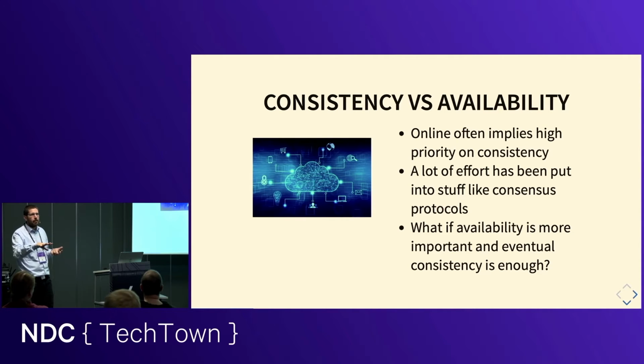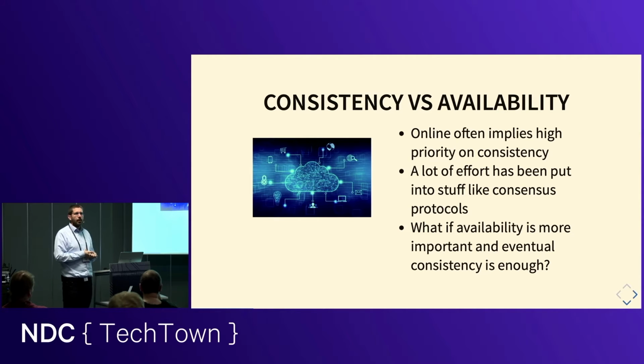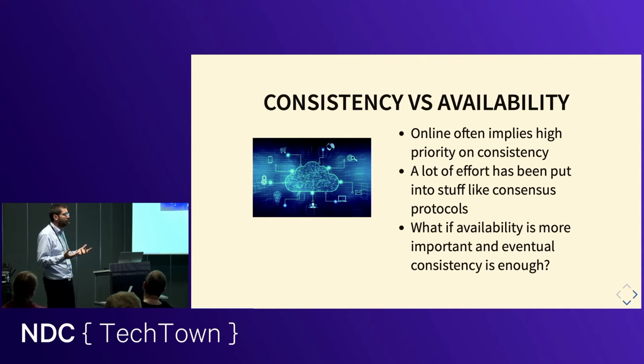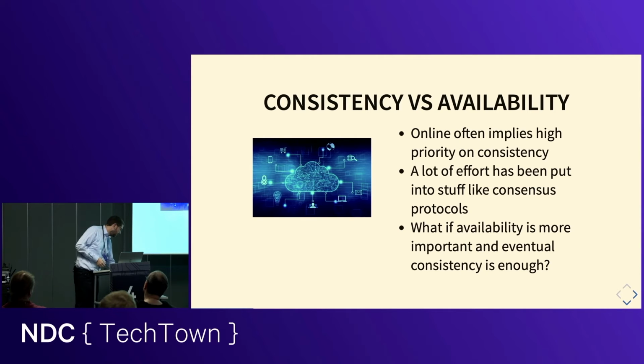So it will work imperfectly, but it's better that it does something than that it does nothing. So you don't want to make sure that you have a voting majority before you do any change to the document, for instance. You want to be able to change this thing. And then it might be that somebody is doing a conflicting change, but it's still better to do something than to do nothing.